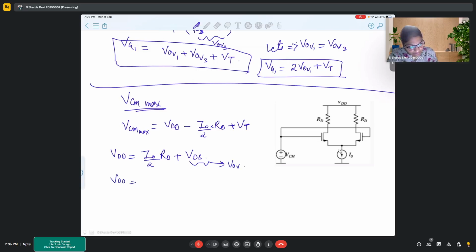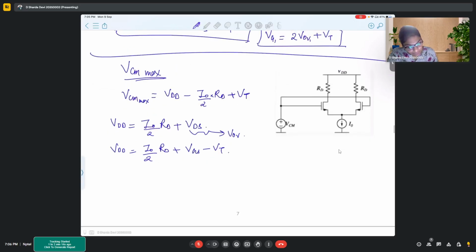So VDD is I0 by 2 RD plus VGS minus VT. So from here, VDD equal to I0 by 2 RD plus VG1 minus VS1 minus VT.